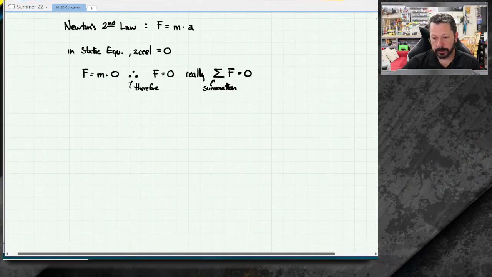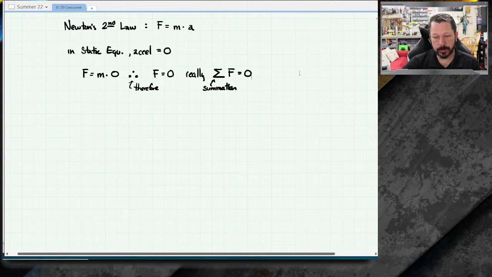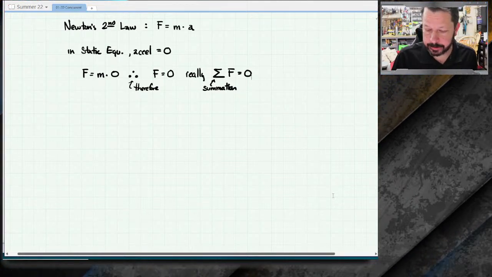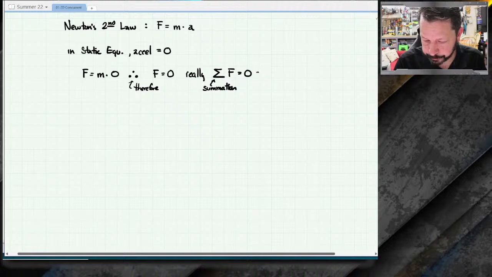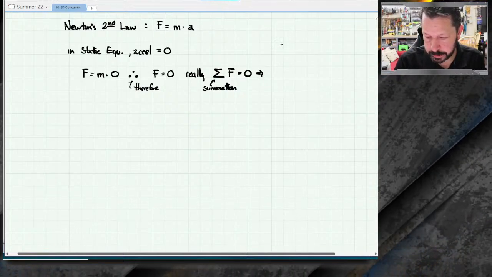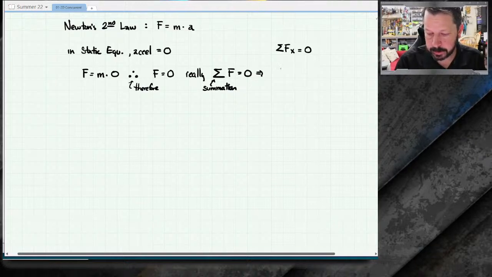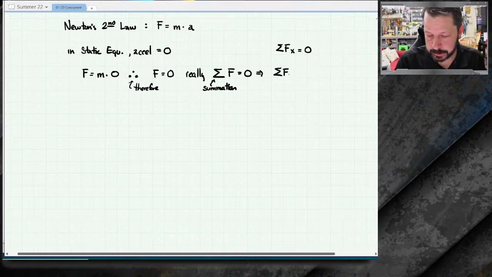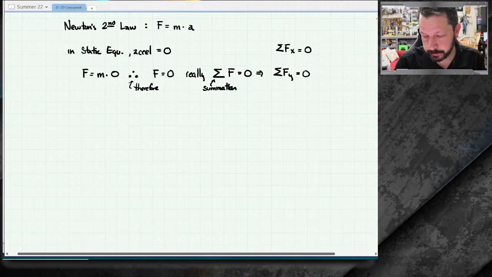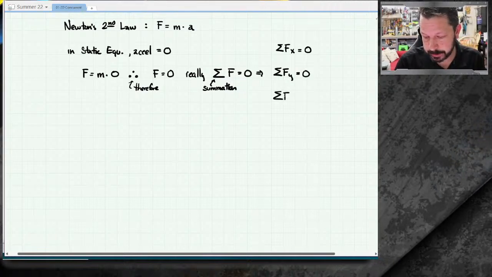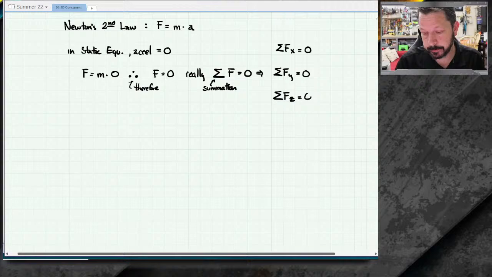And our little summation of forces equals 0 equation is going to expand into the summation of forces in the x direction equals 0. The summation of forces in the y direction equals 0. And the summation of forces in the z direction equals 0.